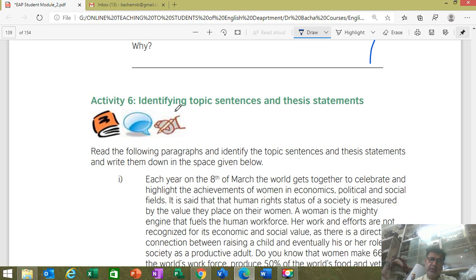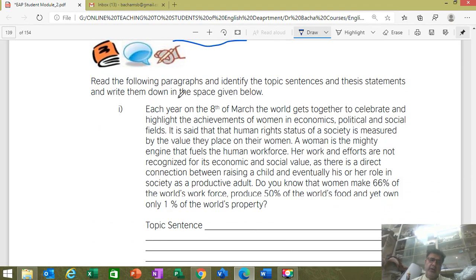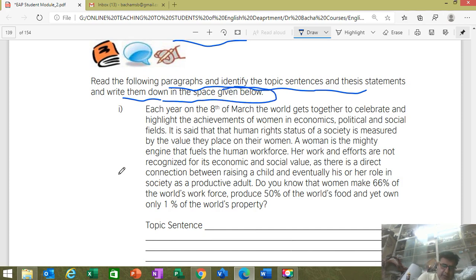And then we have activity number 6, identifying topic sentences and thesis statements. Read the following paragraphs, identify the topic sentences and thesis statements, and write them down in the space given below. You have to read these paragraphs, and then find out the thesis statement as well.